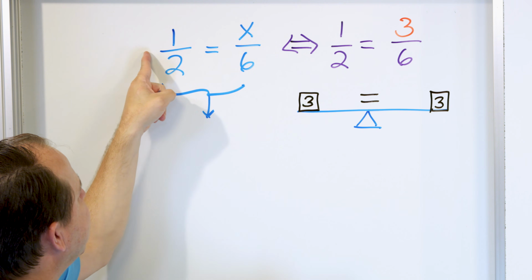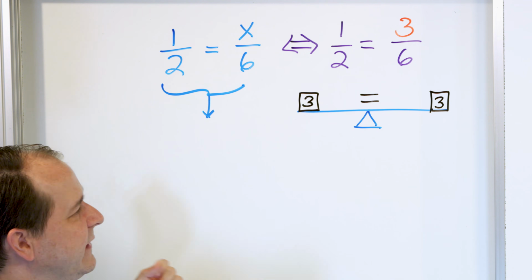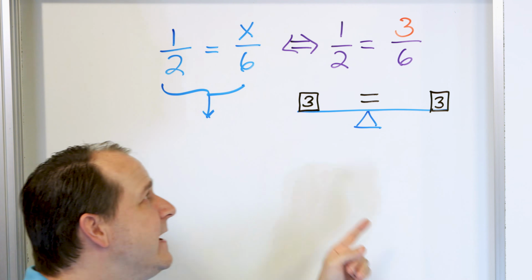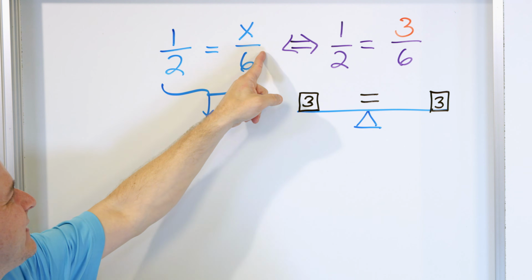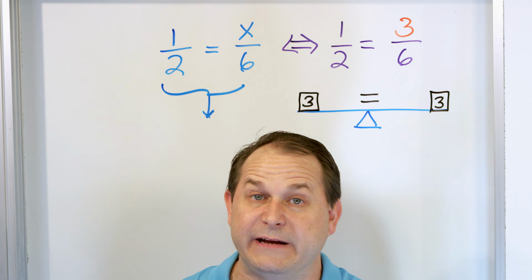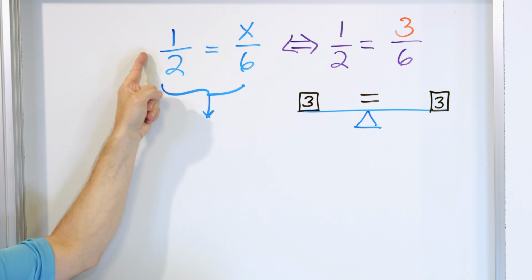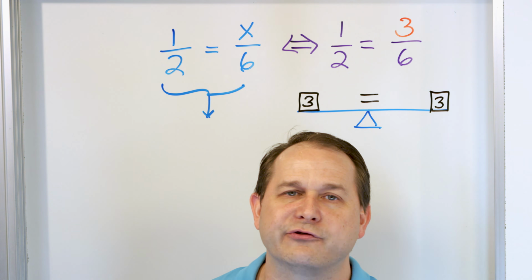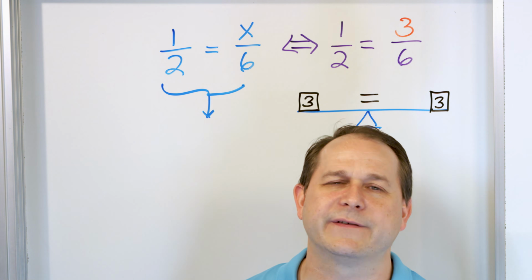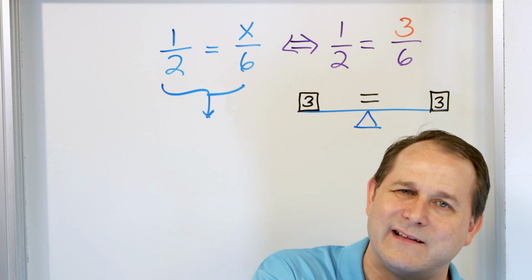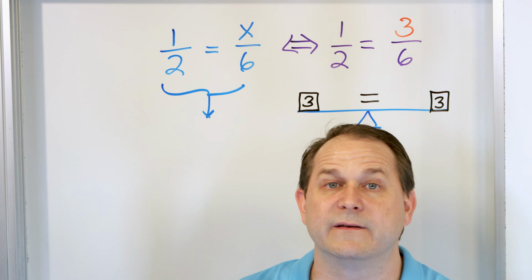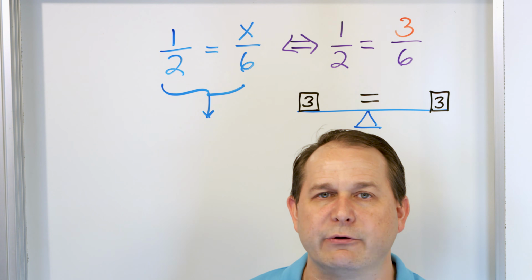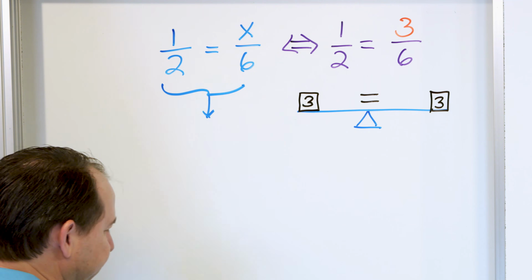If I divide this side by 3, I must divide this side by 3 to keep it equal. You see the pattern? If I add something to this side, I must add something to that side to keep it equal. If I subtract something from this side, I must subtract something from this side to keep it equal. And the reason you're trying to keep it equal is because there's an equal sign there. So you can't just unbalance the thing. You have to do it to both sides. That is going to be the secret to solving every equation you'll ever solve.